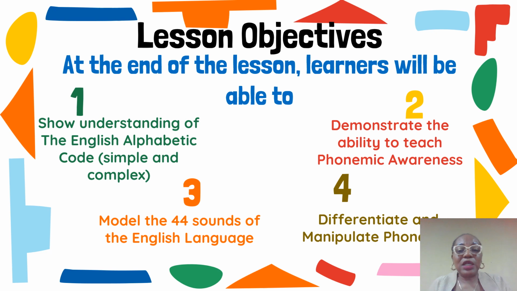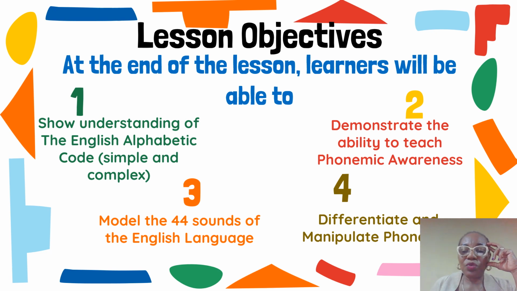The objective of this lesson includes, I have four objectives here. One is to show understanding of the English alphabetic code, the simple and complex. We've talked about that briefly. And then also is to demonstrate the ability to teach phonemic awareness. It is important that you as a teacher understand phonemic awareness and know how to teach it and how to practice it and how to enhance it in children who may not have the ability initially.